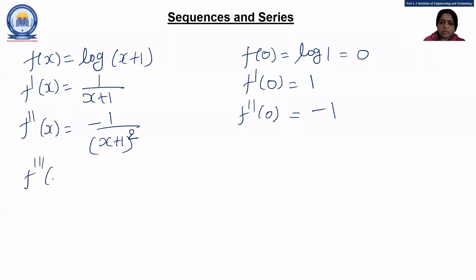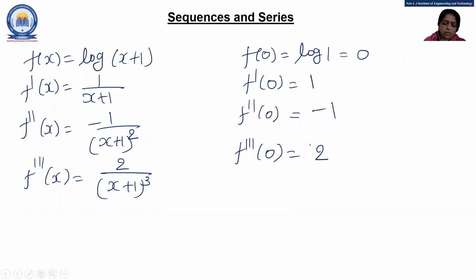f triple dash x, that is 2 upon x plus 1 whole cube. Students, if you don't know the direct derivative of this kind of term, then you have to go through the u by v rule for the derivative. Then f triple dash 0, that is 2. Okay.